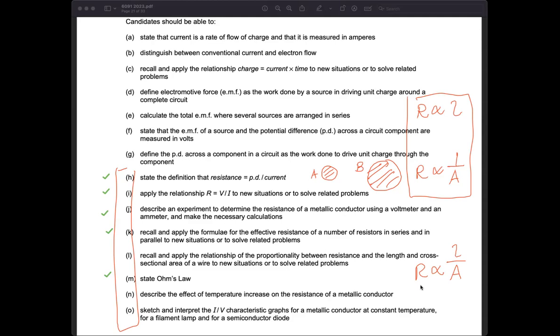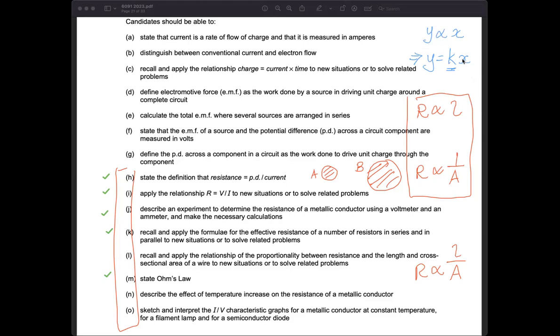If y is proportional to x, can I rewrite this relationship as y equal to kx? Do you all remember this from before? K is a constant, or your gradient. So y is equal to kx if y is proportional to x.